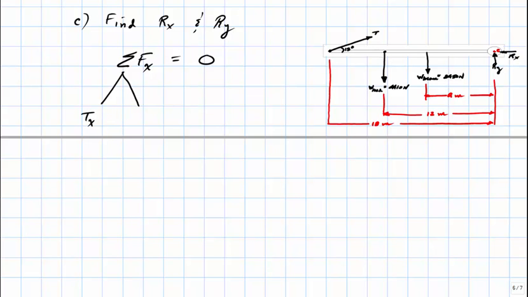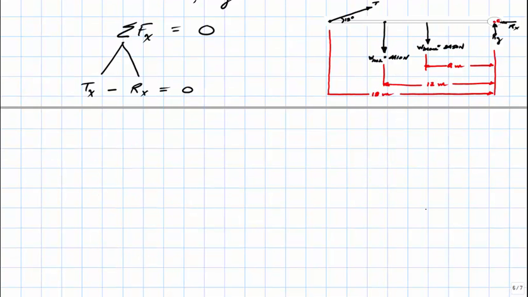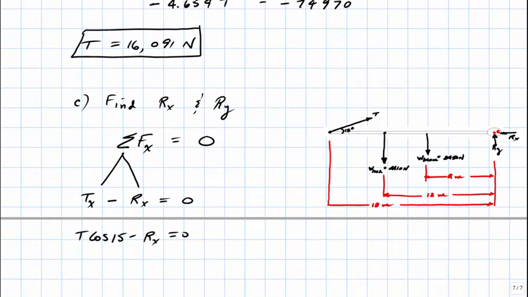Now, let's notice that R sub X is directed towards the left. Therefore, it must be introduced with a negative in front of it. We noted earlier that T sub x equals T times the cosine of 15 degrees. We just determined that the value for the tension equals 16,091 newtons.